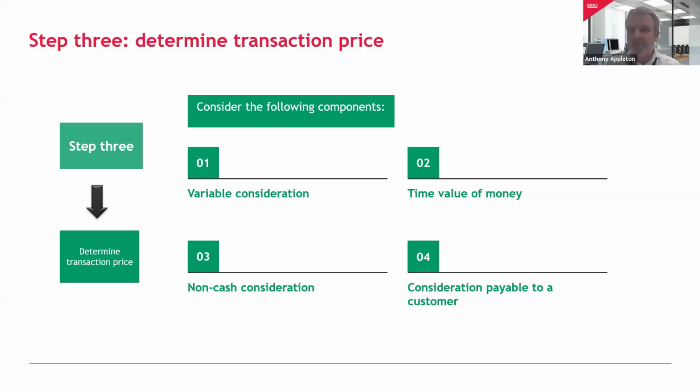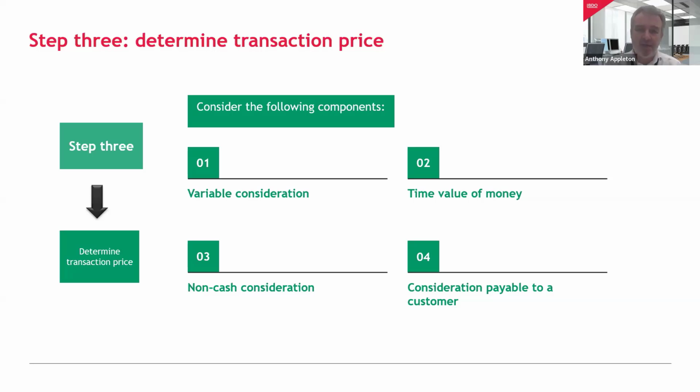Variable consideration, where the total amount you receive is contingent on certain future events. Time value of money, when there is a significant gap between the timing of delivery and the timing of the cash flow. And what happens when money or an asset is transferred in the other direction and you pay something to your customer. Each of those three I will look at in the subsequent slides.